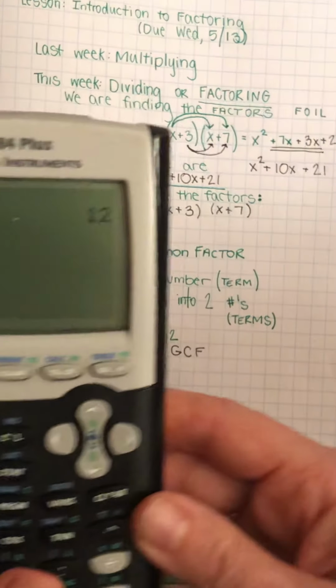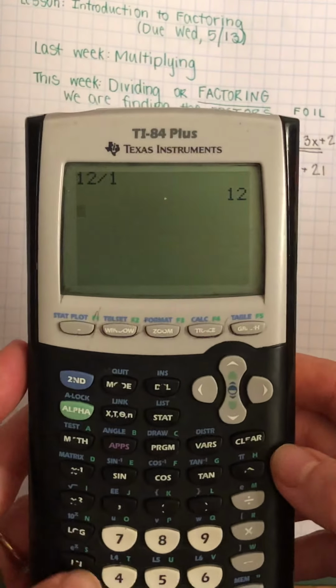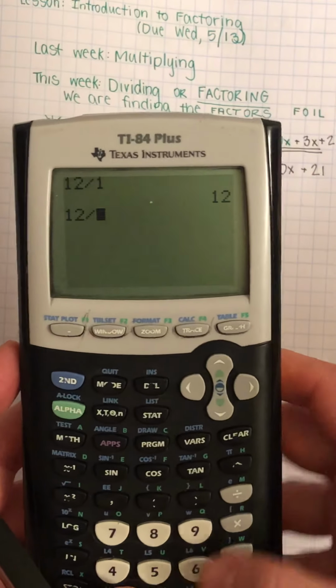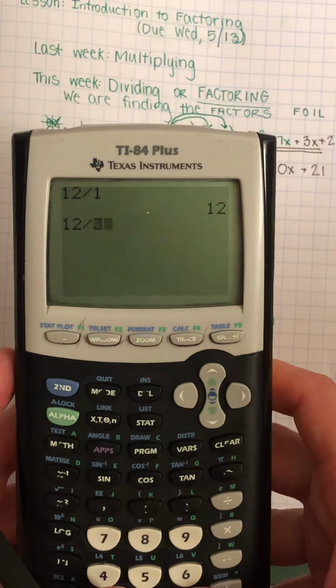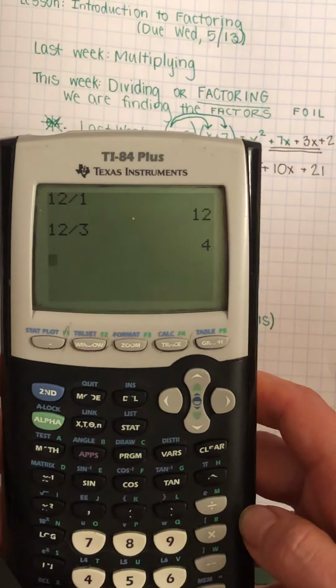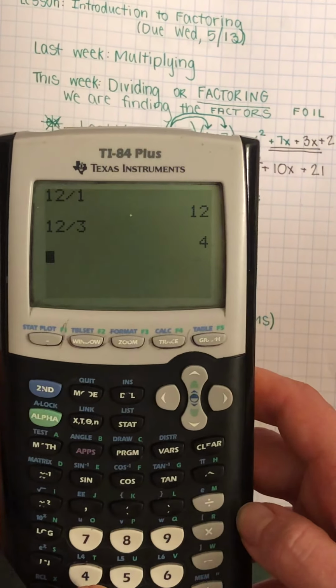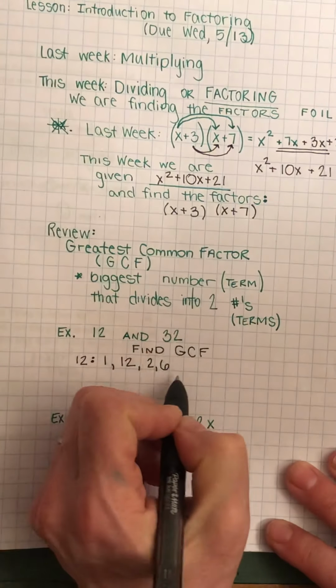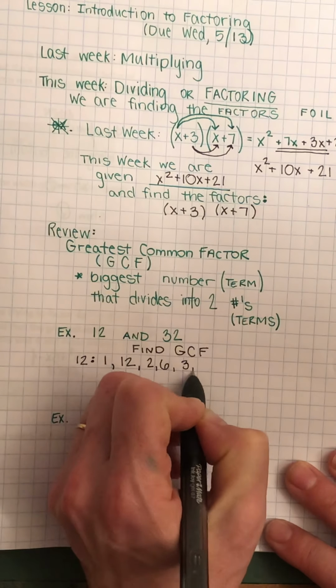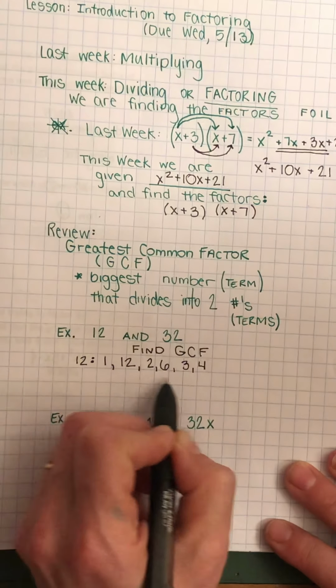Let's do 3. 3 times 4 is 12. So those factors are 3 and 4. And that's all the factors.